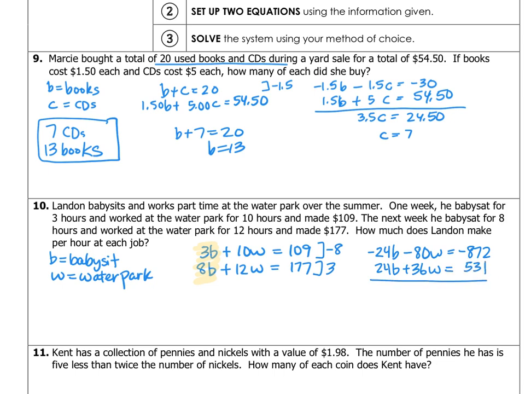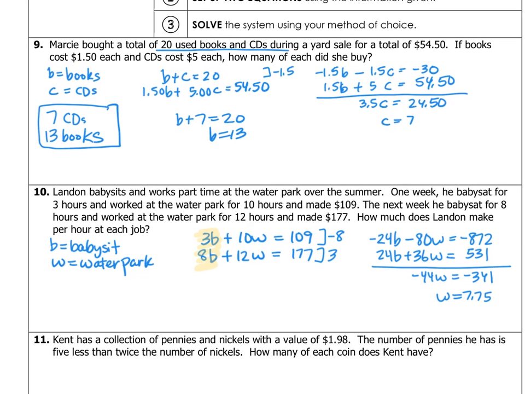I did it on my calculator already. So if I add these, that gives me -44w. Just be careful with your signs. This is -341. And if we divide that out, we get 7.75. So that's how much they're earning per hour at the water park.